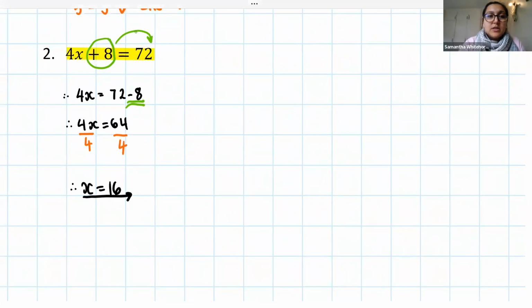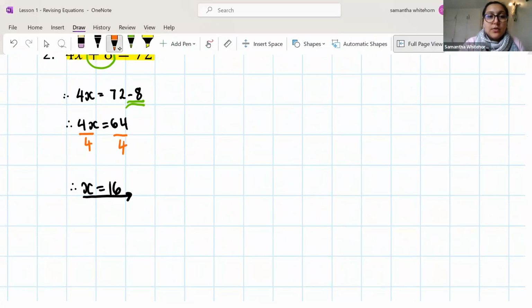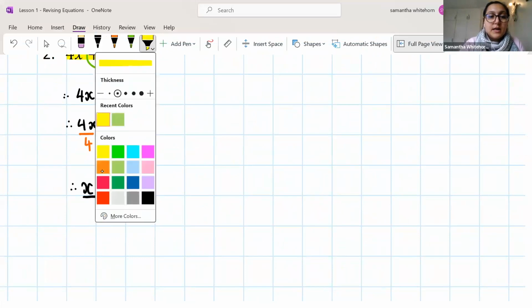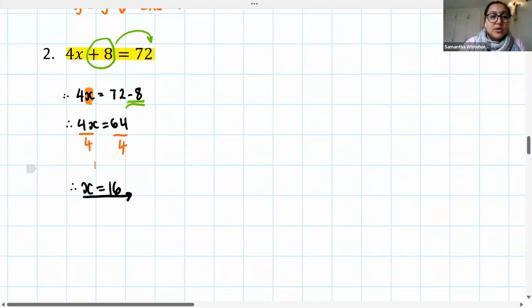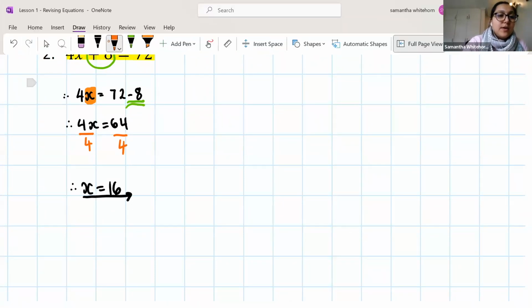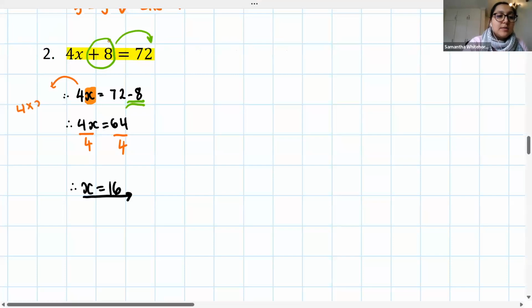The next thing that I need to do, remember guys, I want x alone, right? So if I grab a highlighter here, I only want to solve for x. I don't want to solve for 4x, I want to solve for x. Now what we need to remember is that 4x means 4 times x. So using my rule of inverse operations, the opposite of multiplication is division. And so if I want to get x alone, I now need to divide by 4.